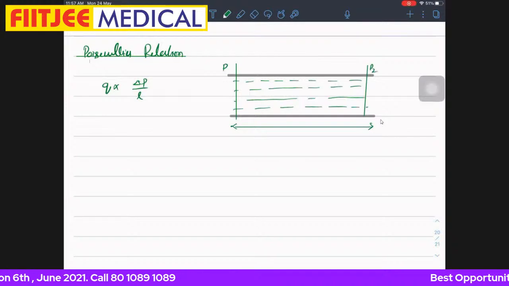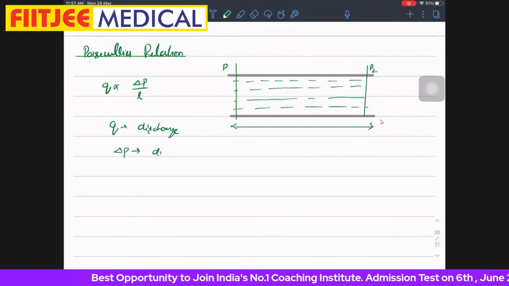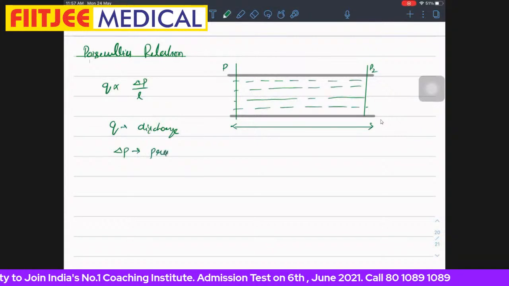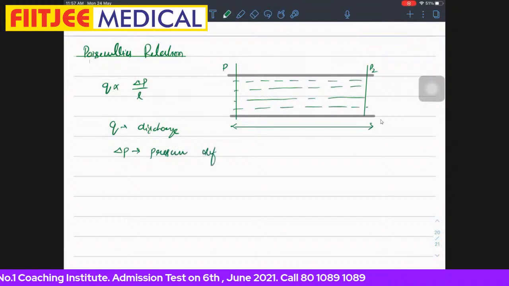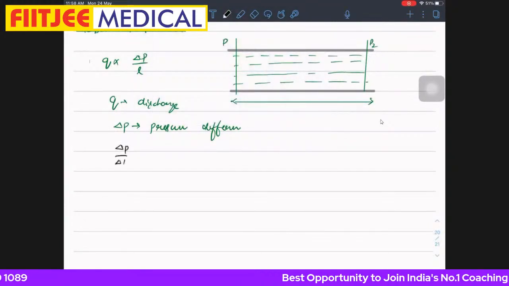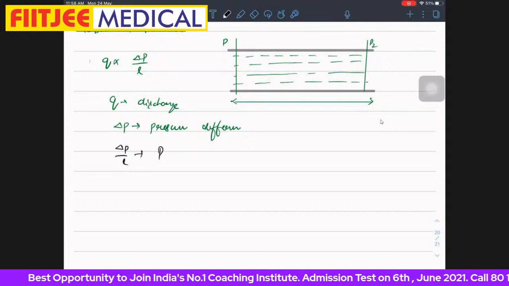So this discharge Q is what? Discharge, if you remember, is area into velocity. Delta P is the pressure difference, and delta P by L is called the pressure gradient.